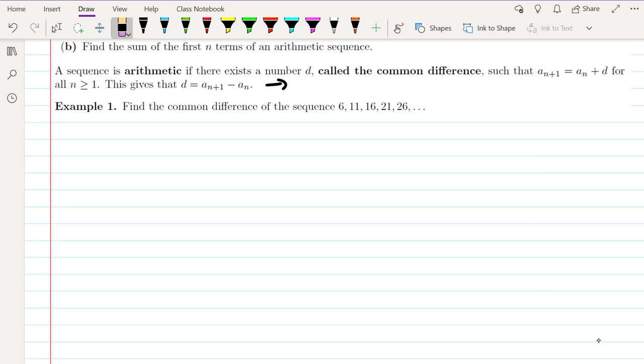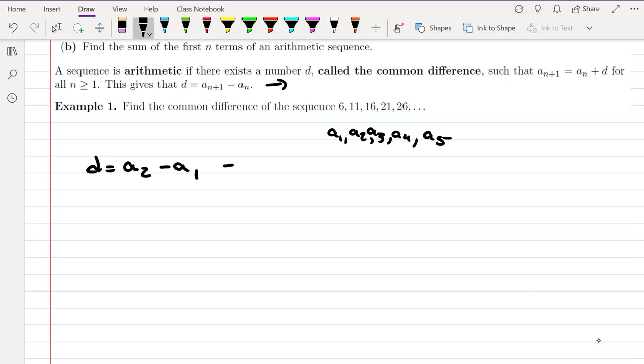Let's do an example. Find the common difference of the sequence 6, 11, 16, 21, and 26. So we have our a1, a2, a3, a4, and a5. To find d, we subtract any term from the term that came after it.